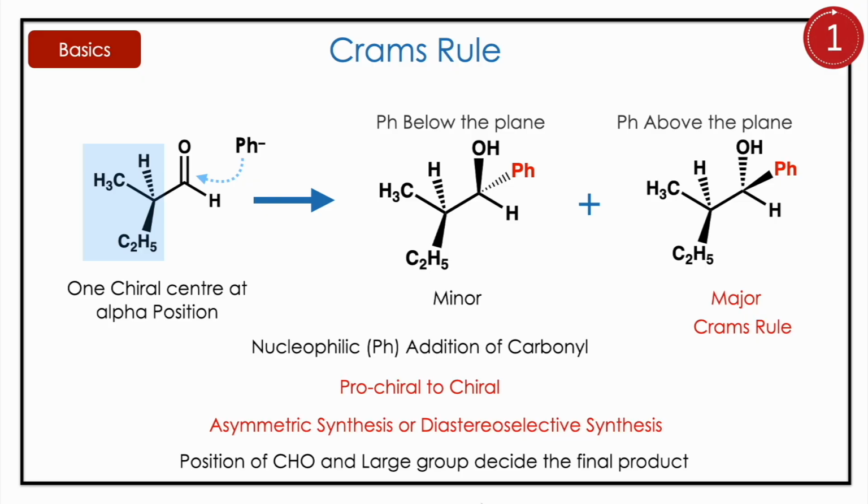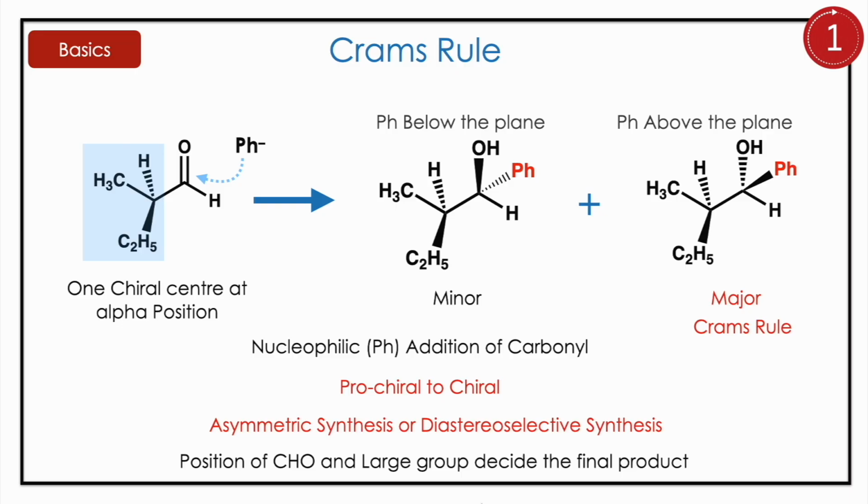Let us see the ideal condition for Cram's rule. In Cram's rule, you have a ketone with an alpha chiral center. You have an attacking nucleophile. The nucleophile can attack from above or below, so you have equal possibility. But steric groups in the alpha position decide the final product. The attack happens away from the bigger groups. That is Cram's rule.